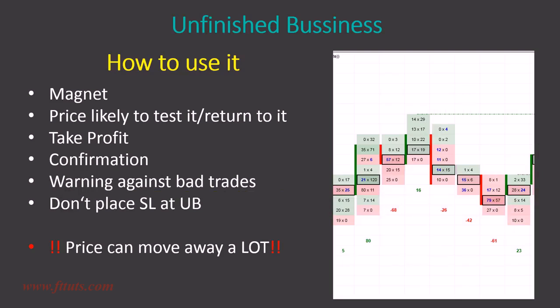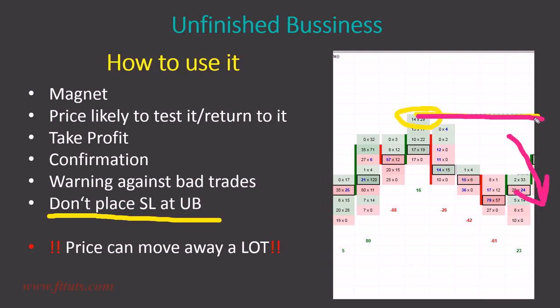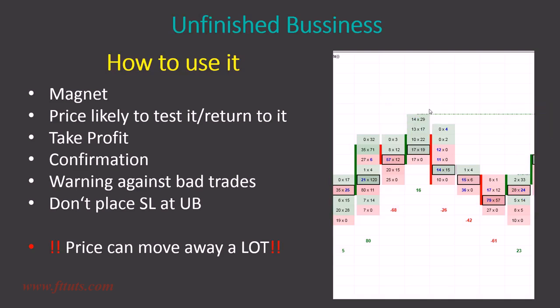And one more thing, it's a bit similar. Don't place your stop loss at the unfinished business. Don't place your stop loss in here. If you are, for example, short from this area, then don't place your stop loss in here, because it works as a magnet and the price will tend to test this area again, which would result in you taking a losing trade.